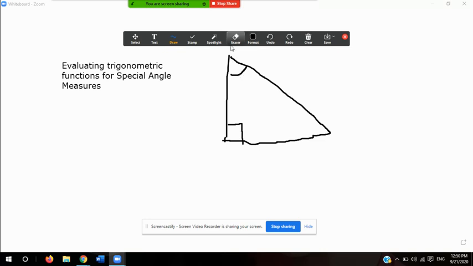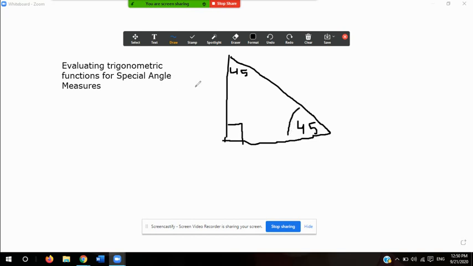So looking at a 45-45-90, we have our 45-degree angle here, and of course another 45-degree angle here.